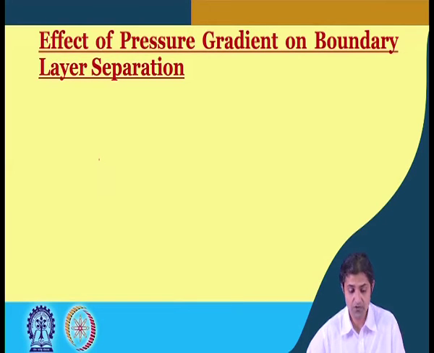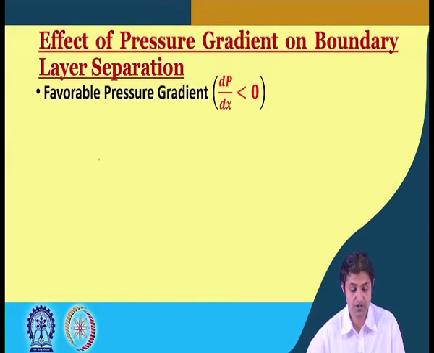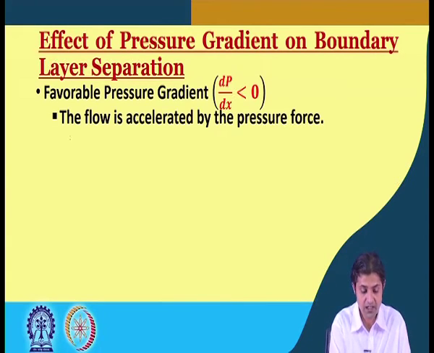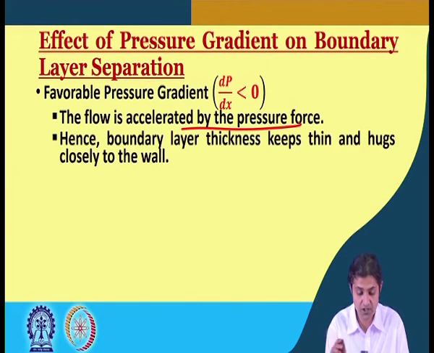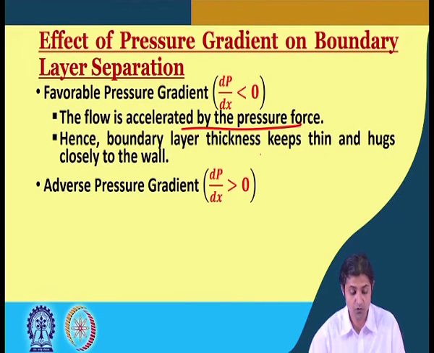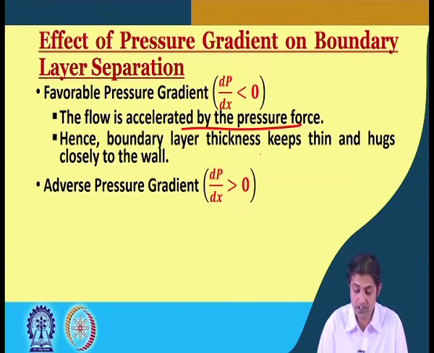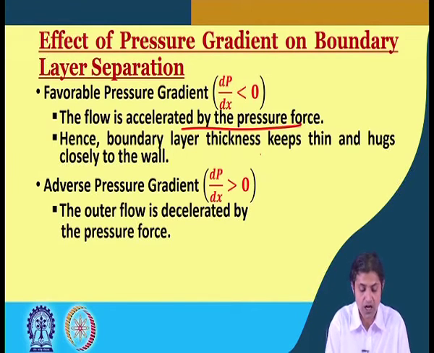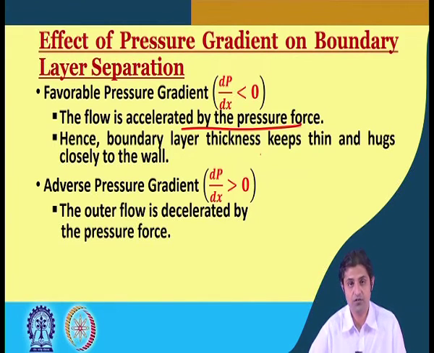Now, we are going to see the effect of pressure gradient on boundary layer separation. What is a favorable pressure gradient? That is when dP/dx is less than 0. If pressure at one point is higher than at the second point, then the flow will occur. In this case, the flow is accelerated by the pressure forces, hence the boundary layer thickness stays thin and hugs closely to the wall. However, in an adverse pressure gradient, where dP/dx is greater than 0, the outer flow is decelerated by the pressure forces, because the pressure forces act in the opposite direction.